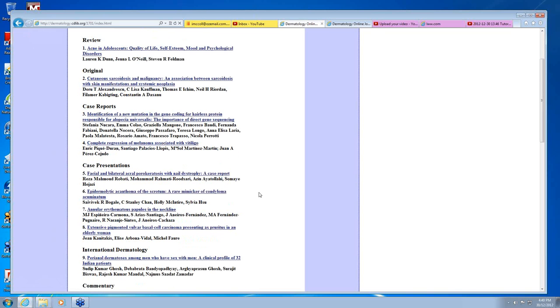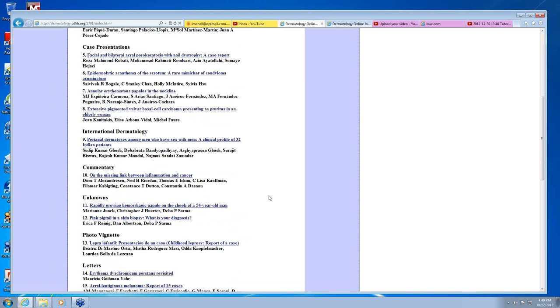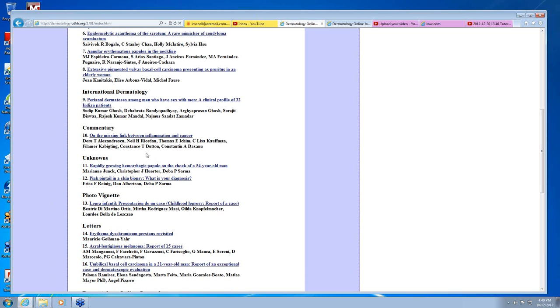What were the other things that I was going to look at? That one there, an extensively pigmented vulvar BCC presenting as pruritus in an elderly woman. Vulval rashes and vulval tumors are very important, so we'll probably have a little look at that as well. Some of these I haven't fully looked at yet.